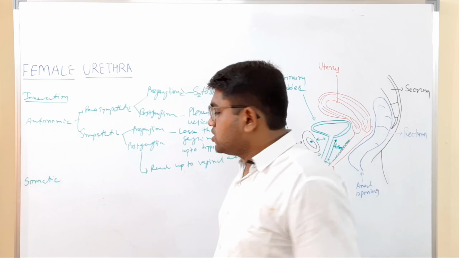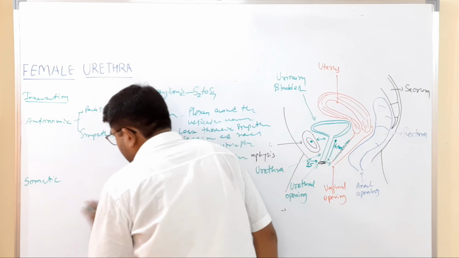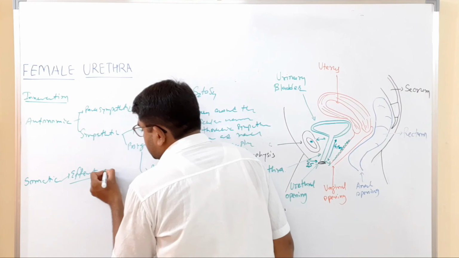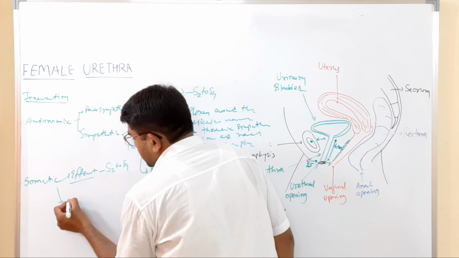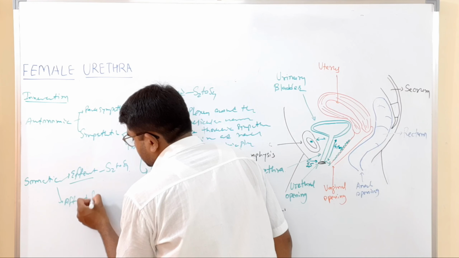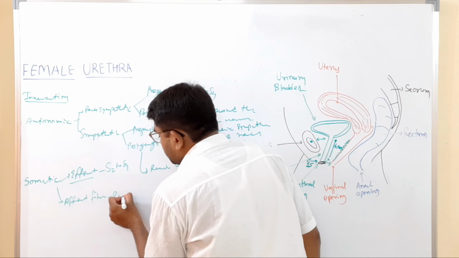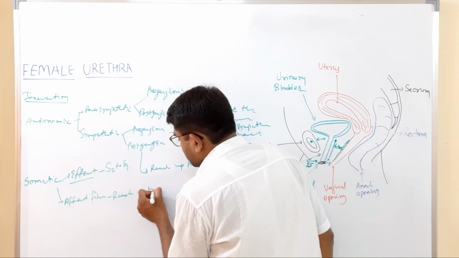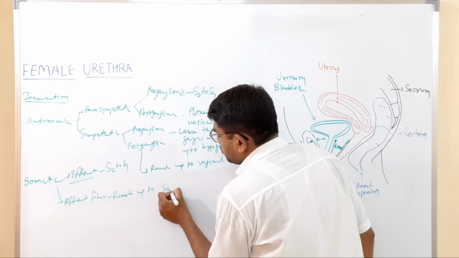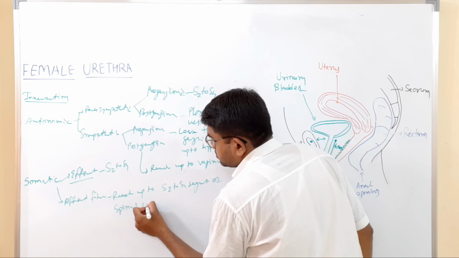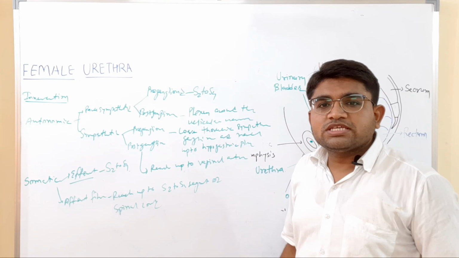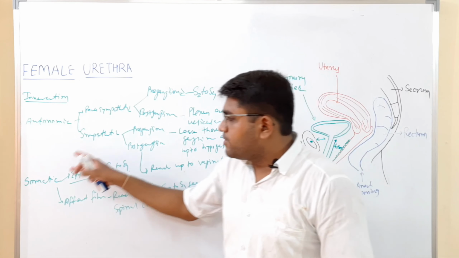Then the somatic fibers, the afferent and the efferent fibers. The efferent fibers arise from the S2 to S4 segment, okay, and the afferent fibers reach the S2 to S4 segment of the spinal cord, okay.